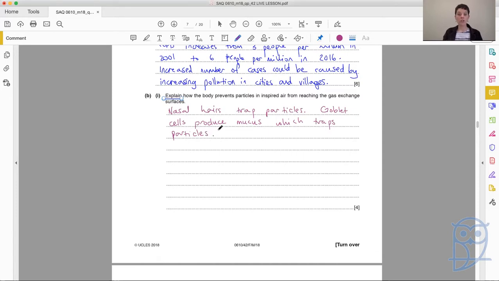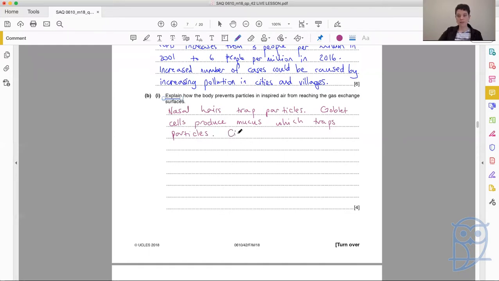Okay, so particles are now sitting in the mucus, but that's not stopping them necessarily getting to the gas exchange surfaces. Why doesn't the mucus travel with the particles to the gas exchange surface? That mucus is moved out of the gas exchange system.